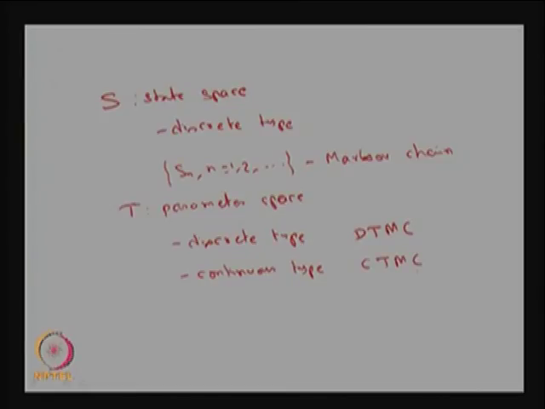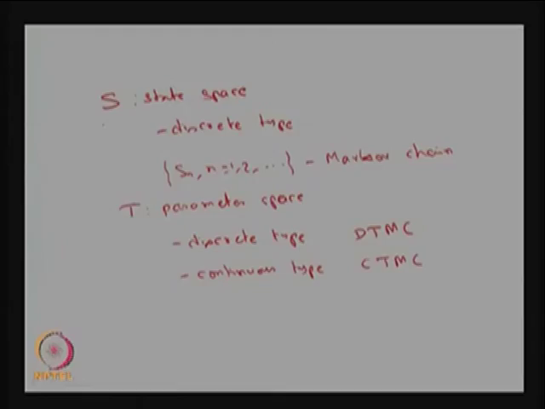In this example, the state space of Sn is of the discrete type and the parameter space is also discrete. Therefore, Sn is a discrete time Markov chain. In this model we are going to study the discrete time Markov chain. In the next model, model 5, we will discuss the continuous time Markov chain.